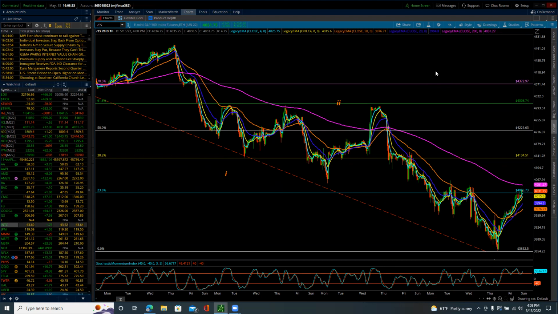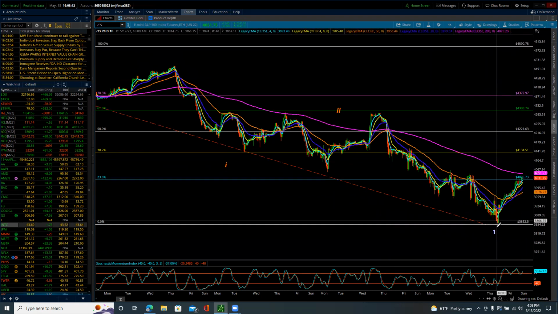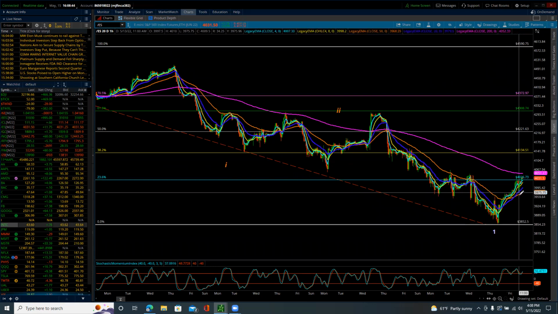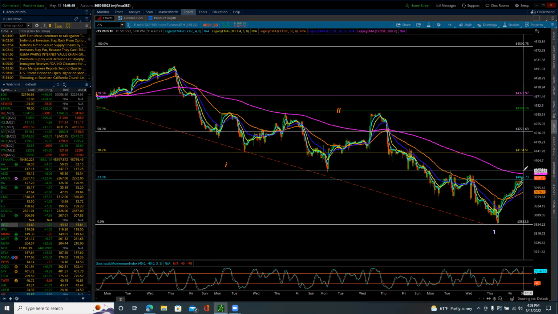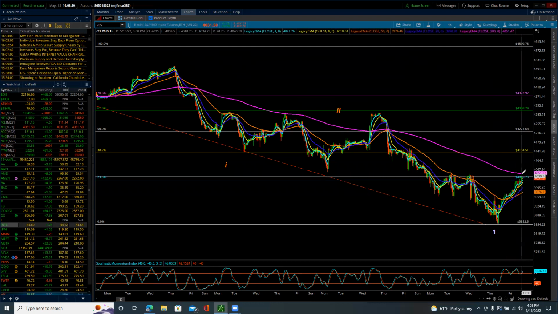Okay, so what can we look for in terms of upside to complete this C wave, or to complete this wave 2? If we have a minute wave 1 here, we're looking for a minute wave 2, it should be an ABC. Could this be an A and a B, and now we're in the C? If so, next up to bonk its head against is going to be the hourly 200, which is at 4,051. Now, a break there kind of clears the path a little bit.